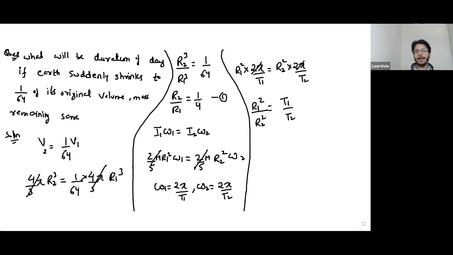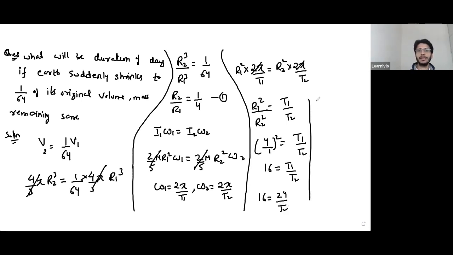You know that R2 by R1 is 1 by 4. That means R1 by R2 will be 4 by 1. It's 4 by 1 square is T1 by T2. So it comes out to be 16 is T1 by T2.